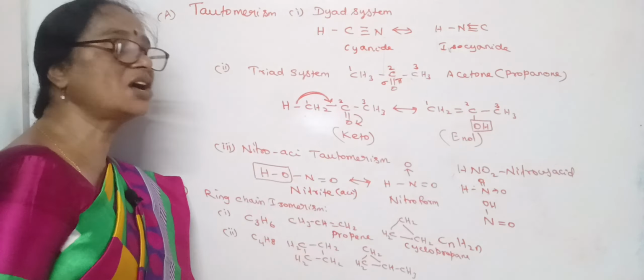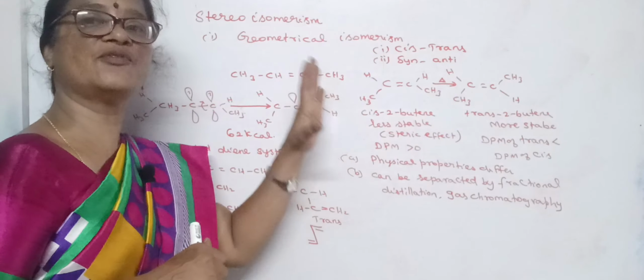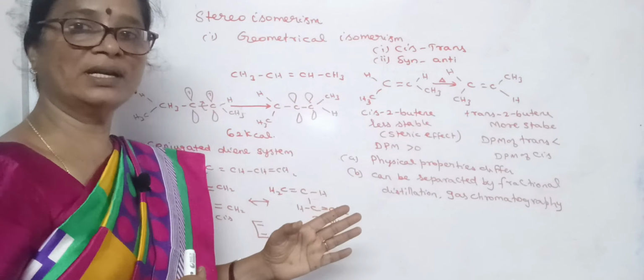Before that, already we have discussed about stereoisomerism in the previous video. Stereoisomerism is nothing but the spatial arrangement of groups with respect to one another in a 3-dimensional way. So geometrical isomerism, let us discuss about what is cis-trans isomerism.